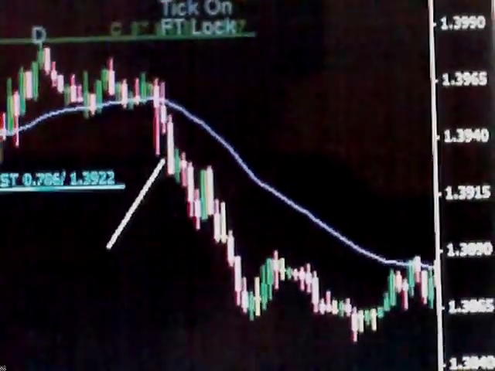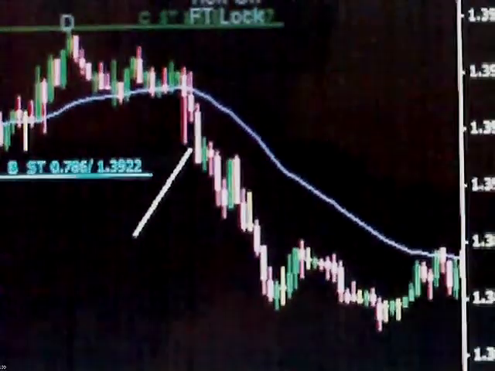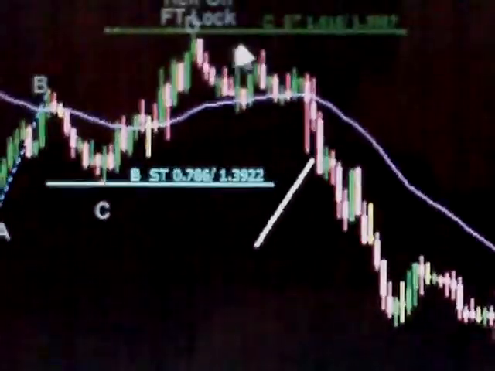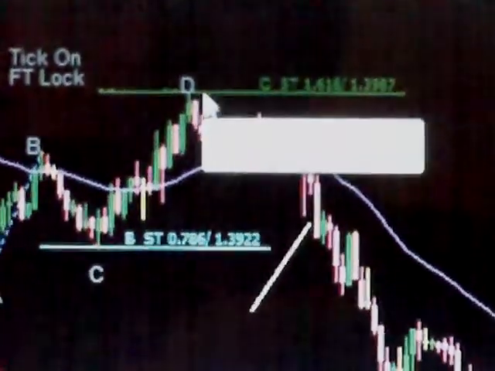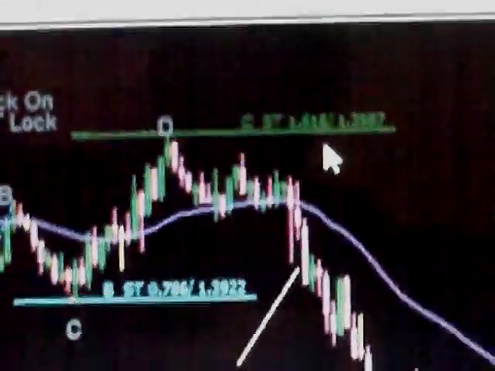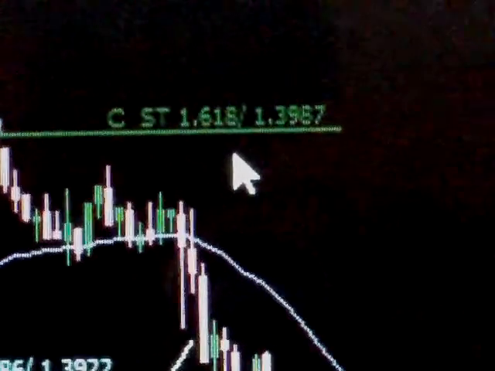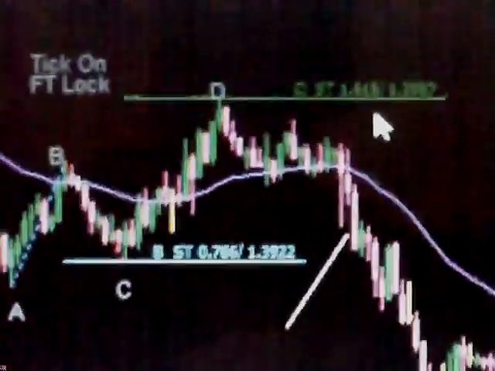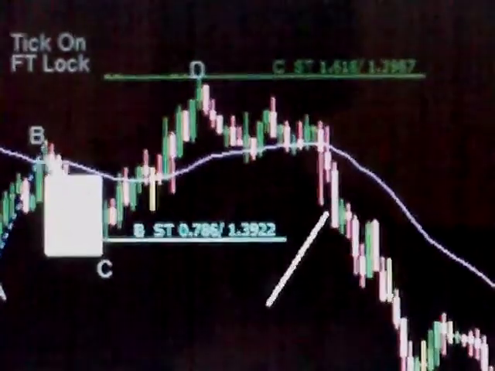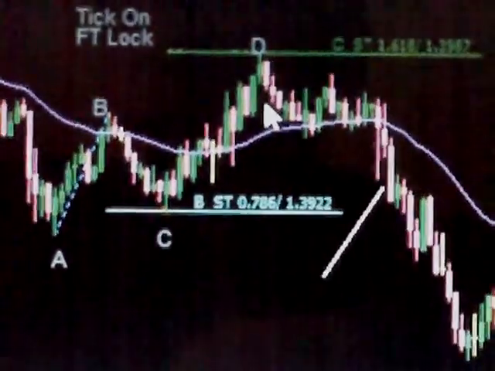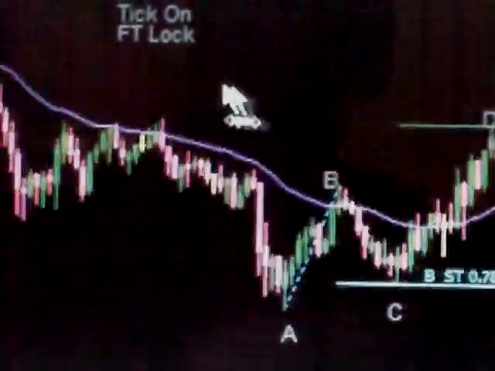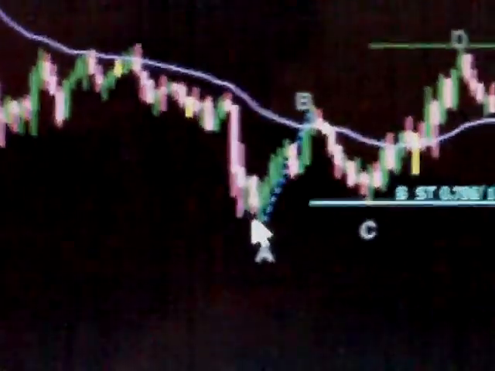Let's zoom down to a 15-minute chart. On the 15, once again the two-step A, B, C, D, terminating at point D, terminating at the 1618 retracement of the swing from B to C. So this is a two-step corrective rally in the context of an overall downtrend.